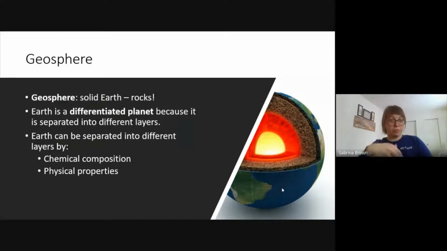And then remember from the first week of class, we talked about that Earth is a differentiated planet. And what that means is that Earth's interior can be separated into different layers, which we describe based on their chemical composition or their physical properties.